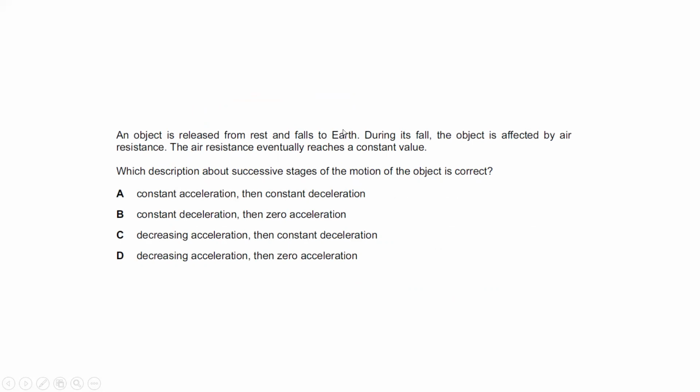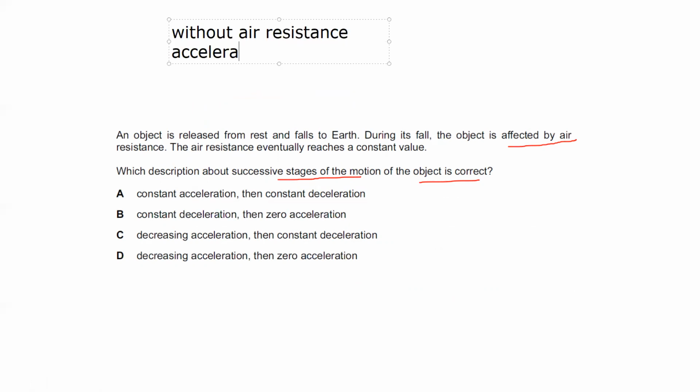Now an object is released from rest. During its fall, the object is affected by air resistance. Which description about the successive stages of motion is correct? So always keep in mind that without air resistance, the acceleration will be constant and the speed will always increase.